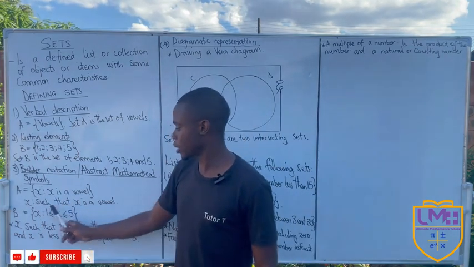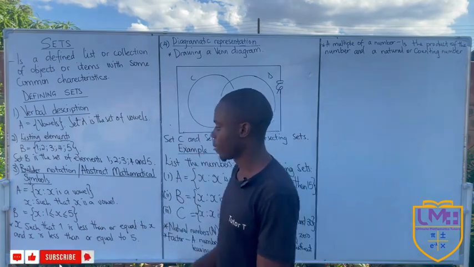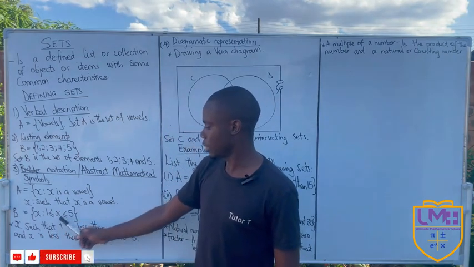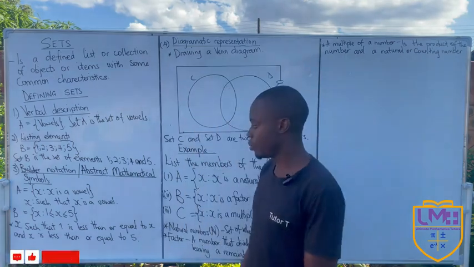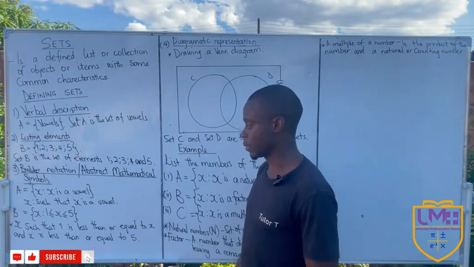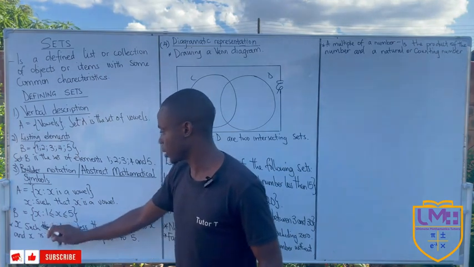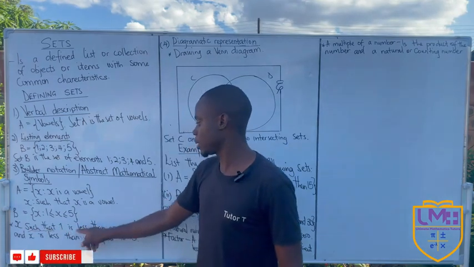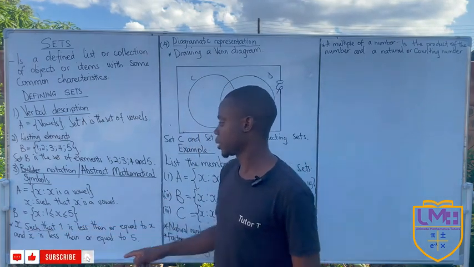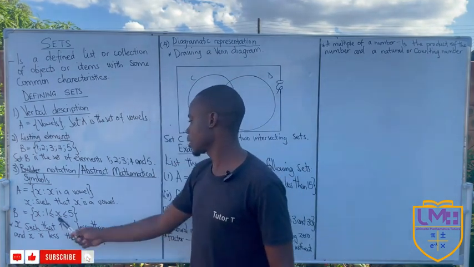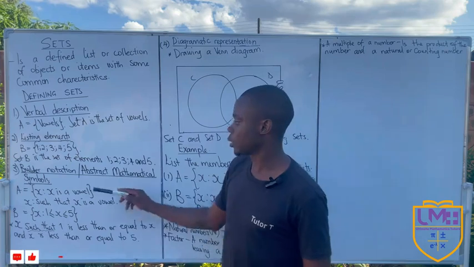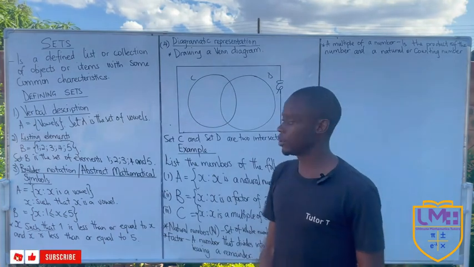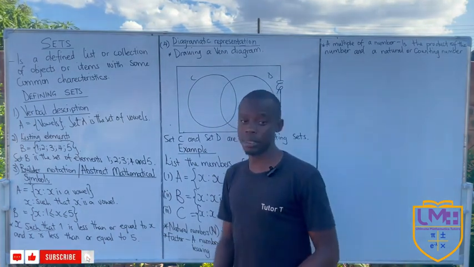B equals x such that 1 is less than or equal to x, and x is less than or equal to 5. When you are reading this statement, the two dots mean "such that". So this is how you interpret sets using the set builder notation.